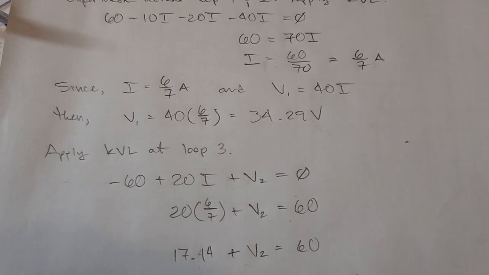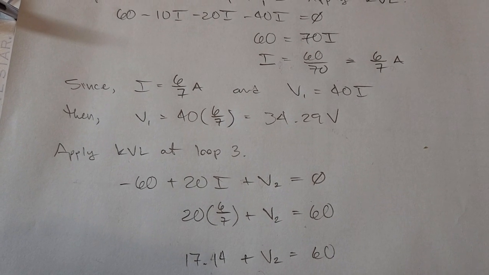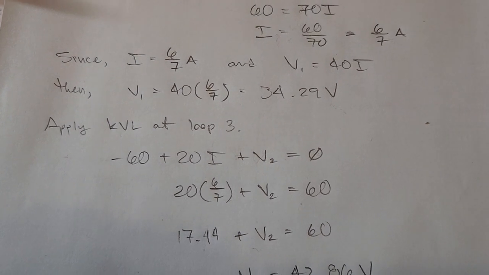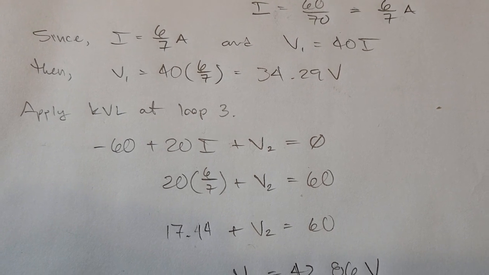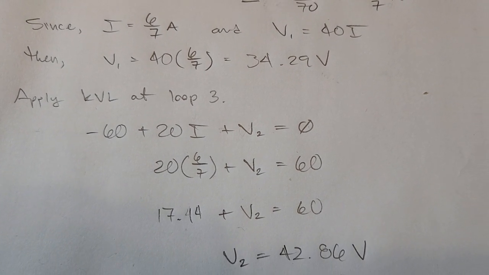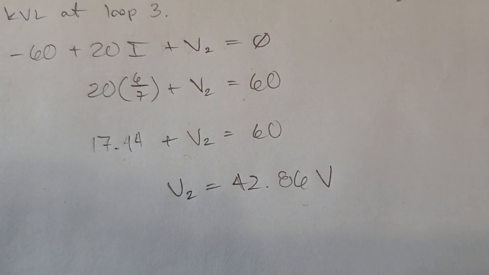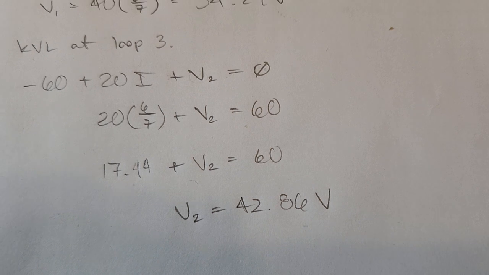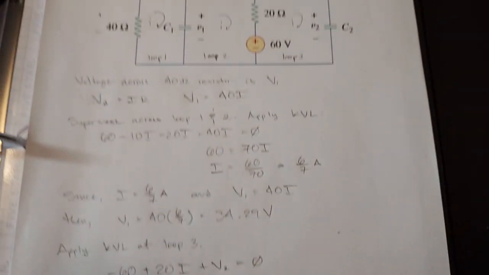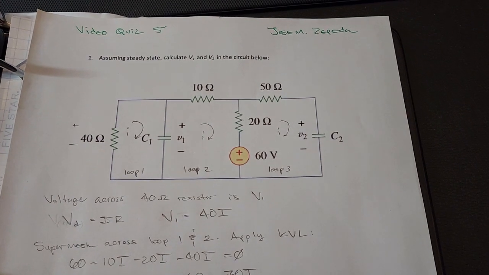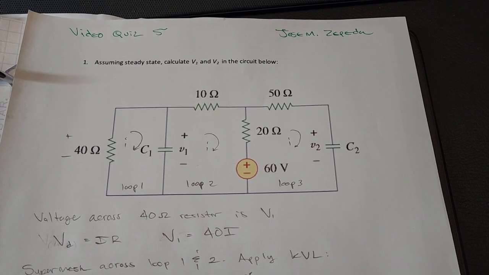Since we already knew our variable current I of 6/7 amps, that current was plugged into our equation, then solved for V2, and yielded a voltage of 42.86 volts. And that's how basically I was able to solve for the requested voltages.